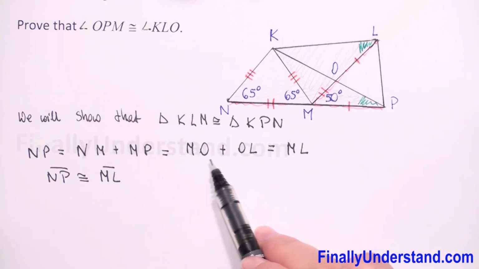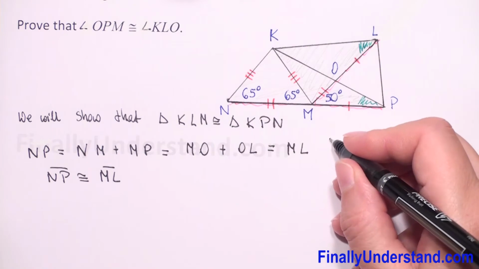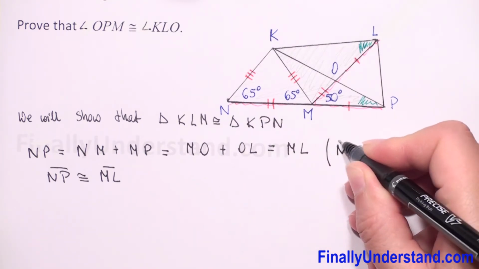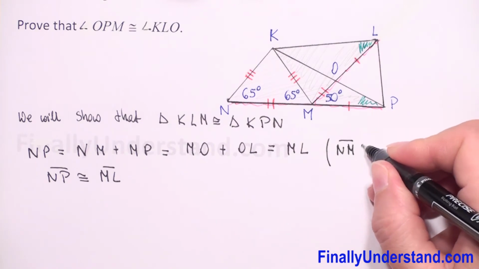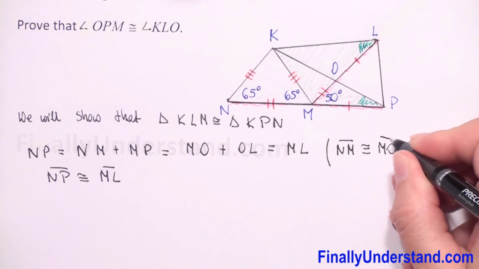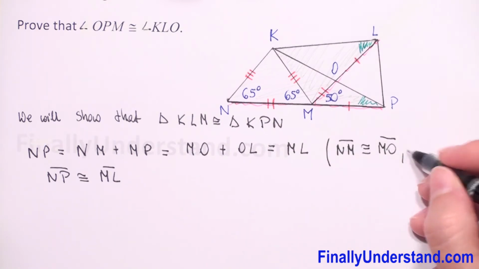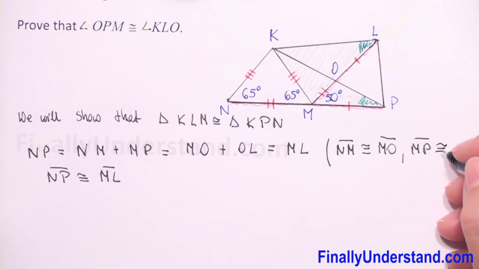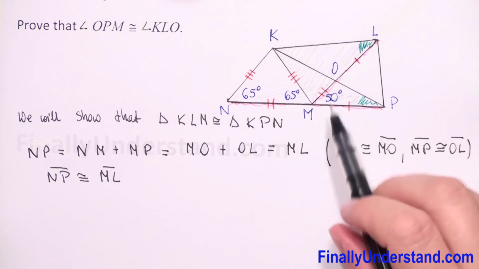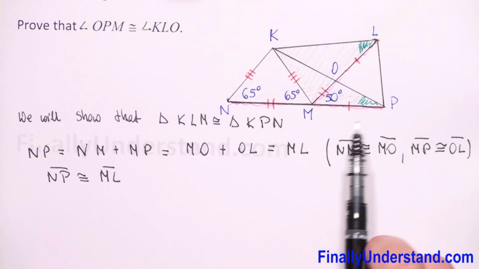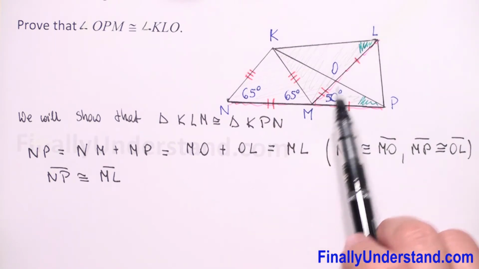We have this expression from this that NM side is congruent to side MO and side MP is congruent to side OL. I just use what we have given on this diagram. So we got that NP is congruent to ML.